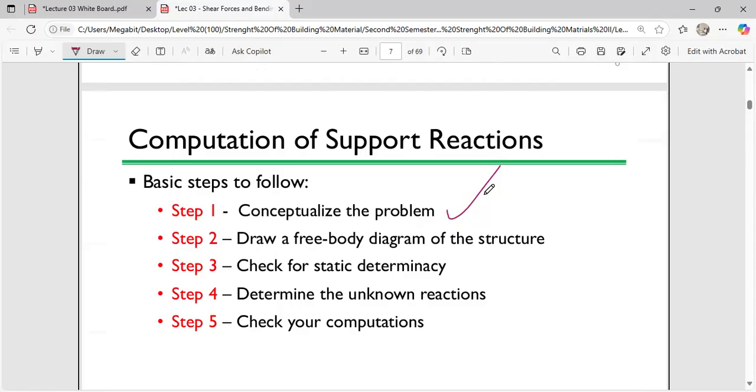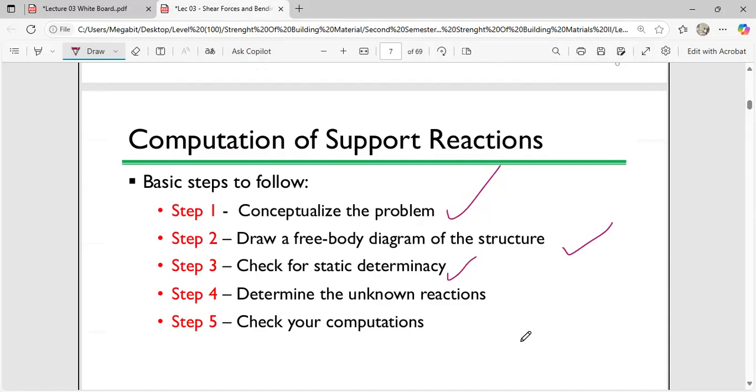Then from there, what do you do? In your second step, you draw a free body diagram of the structure. And that's where you're going to represent your forces in place of the support. Then from there, you check for static determinacy. We did that from lecture 1.